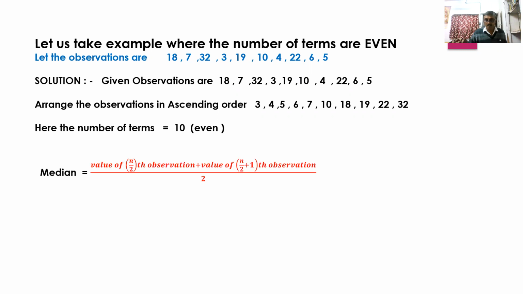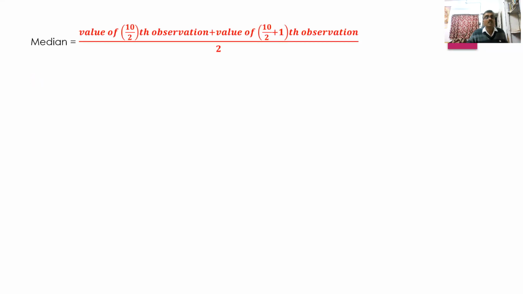Now, what will be the median? Median is the value of (n by 2th observation plus n by 2 plus 1th observation) divided by 2. That means median is equal to 10 by 2, which means 5.